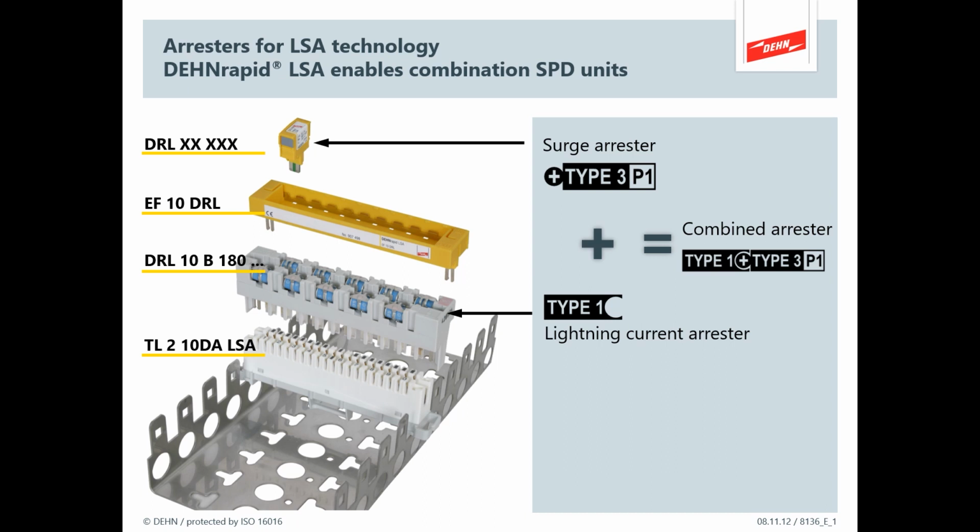And if I want to fine tune the circuit because there's still too much energy going through, I will select a component which is a type 3 device, which goes into a rack, which plugs in on top of the type 1 SPD. So I can have a combination of type 1 lines and type 1 and 3 lines all in the same housing there. So I can have some coarse and fine protection per line if I wish.